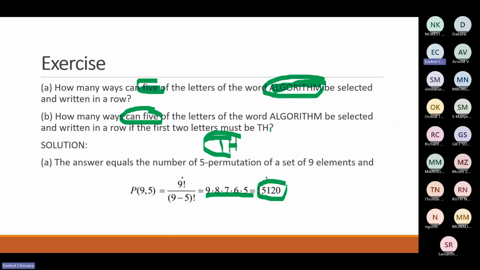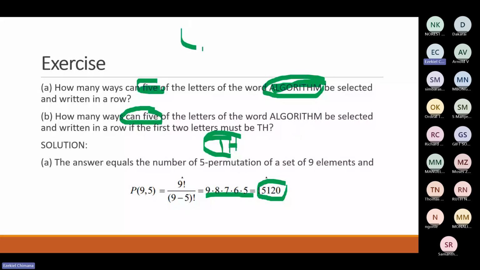So it's as good as being told that the vowels are going to stay together. The vowels are already selected and they've got the same order. They are going to be together, just like the TH that we have. So you are just going to start with those vowels and take those which remain.